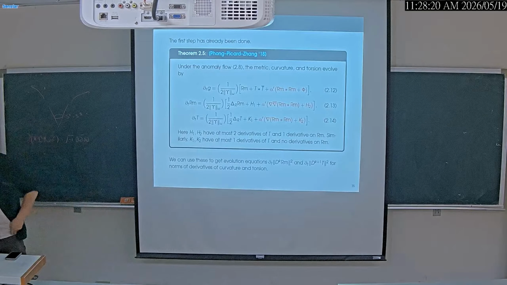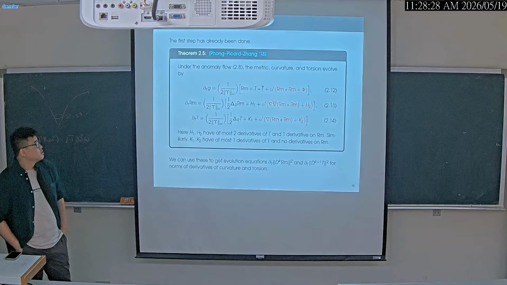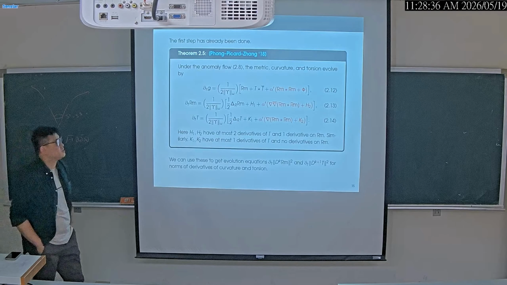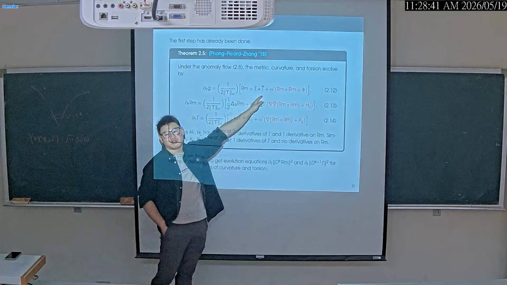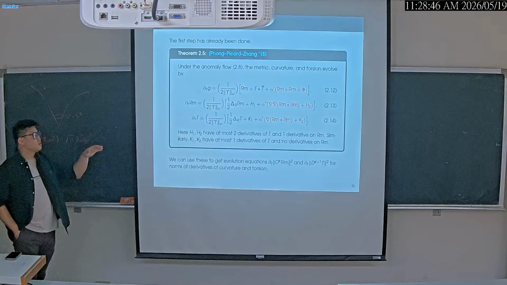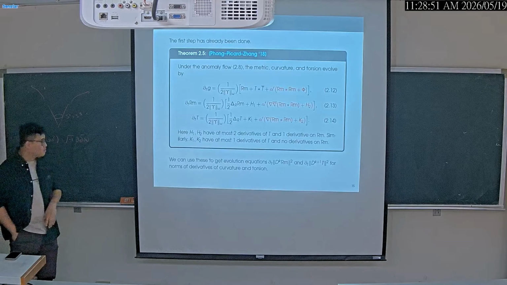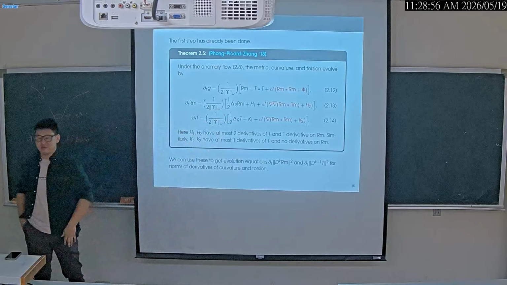In equation 2.12, the left-hand side is the derivative of the metric, and the right-hand side is something involving the curvature tensor. It will be Ricci, but this is just schematic. Then there is something involving the torsion tensor, contracted with the complex conjugate of the torsion tensor. There's a bunch of terms missing that are being obscured, but for the estimates, we really just care about what these terms look like generally.